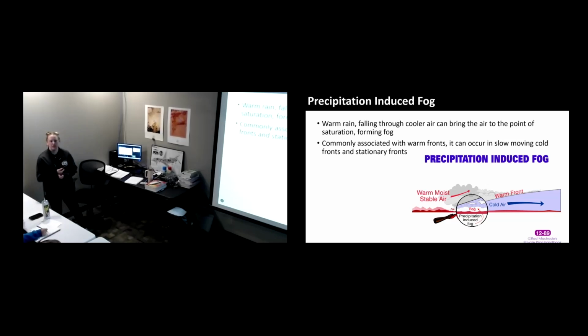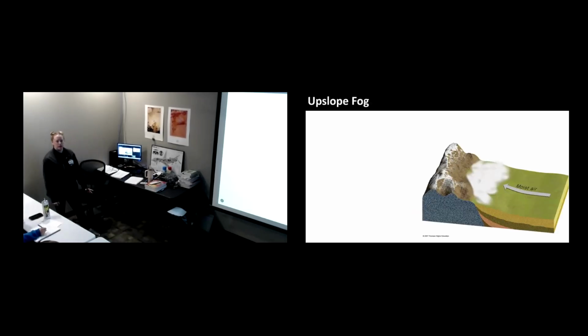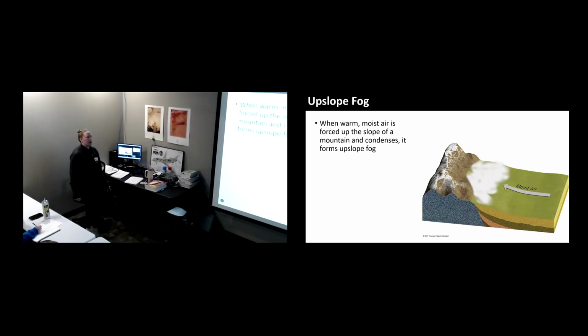Your key term: it comes with the rain. Upslope fog is also easy to remember. When warm, moist air is forced up a slope, it condenses and creates fog. Have you ever seen the little misty stuff around the mountains? That's just upslope fog. That warm air was forced up, now it's colder, and it made fog.